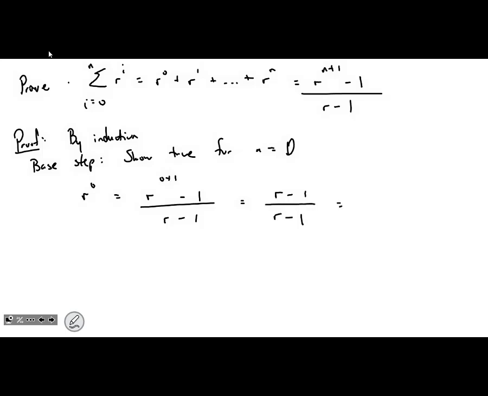I have a numerator and a denominator which are the same thing, and so this equals 1. And if we recall from elementary algebra, if I take any base and raise it to the 0 power, it always equals 1. So this is true. So the base case, or the base step, holds.